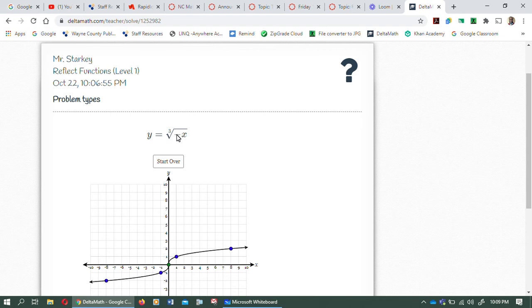Since it's multiplied times a negative number on the inside, this is going to be some type of horizontal change because the change is happening on the inside. So it's a reflection that happens horizontally.